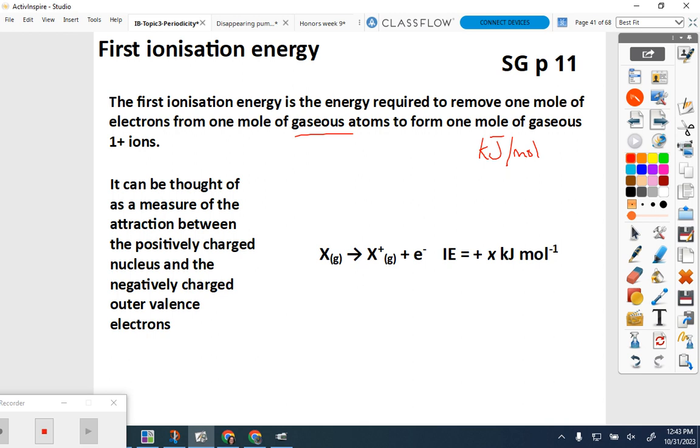These neodymium magnets, I really have to put some effort into peeling them away from the board. Same kind of idea. If there's a stronger force of attraction between the protons and those outer electrons, which are the ones that get removed from the valence shell, then it's going to take more energy, more effort to remove that.